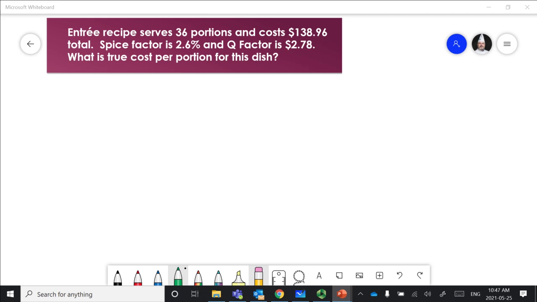So we could figure it out how I showed it in the slide before, and we take our total cost of $138.96 and divide by our 36 portions to give us $3.86 per portion, right? And then we want to take that and multiply times our spice factor of 1.026 because we turned that into a decimal and added our 1, which is going to give us a portion cost of $3.96, right?